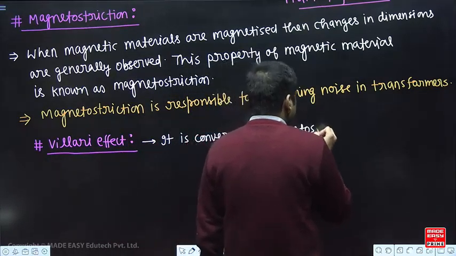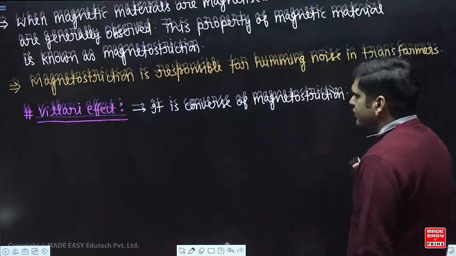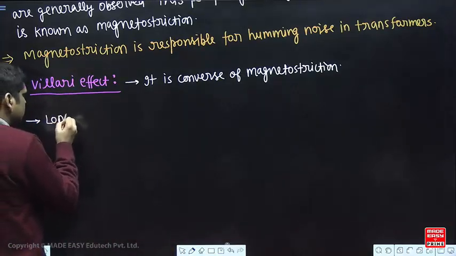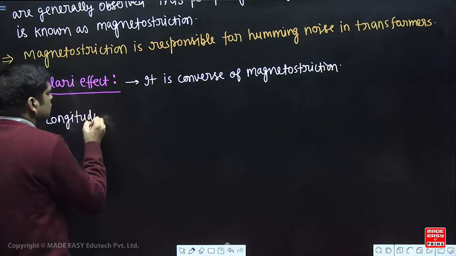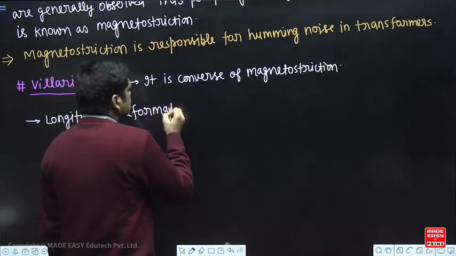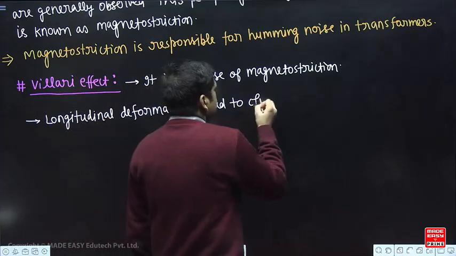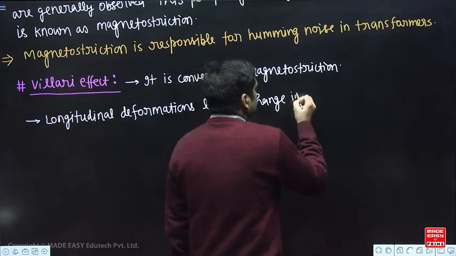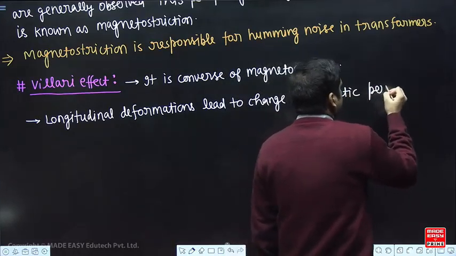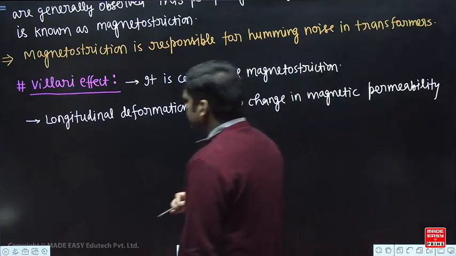Longitudinal deformations lead to change in magnetic permeability of material.